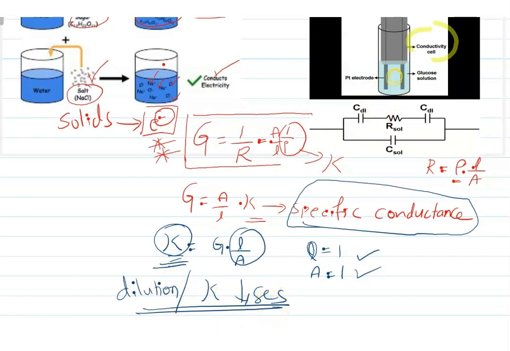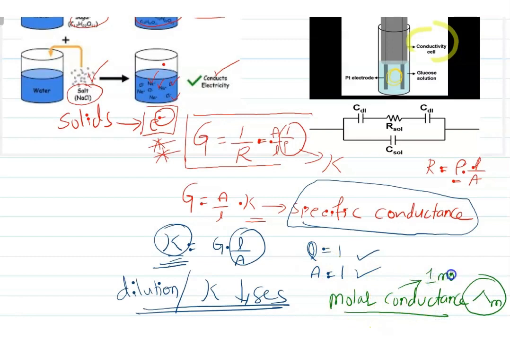There is one more term to know about conductance, which is molar conductance. Very important. Molar conductance is given by the symbol lambda m. Molar conductance is the conductance of the solution containing 1 mole of the electrolyte. You should not take glucose, which is not an electrolyte.